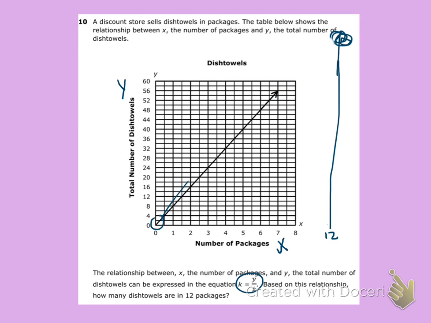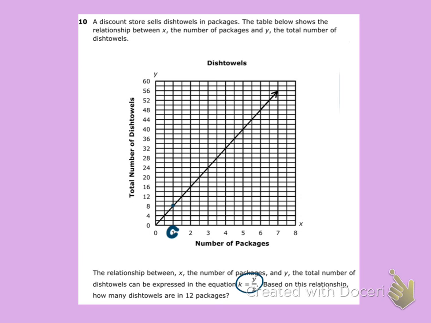So because it's proportional, well, we can set up a proportion. So we're going to grab any number from the table. Okay, and it's perfect when it hits the line perfectly, like this spot. This spot right here.